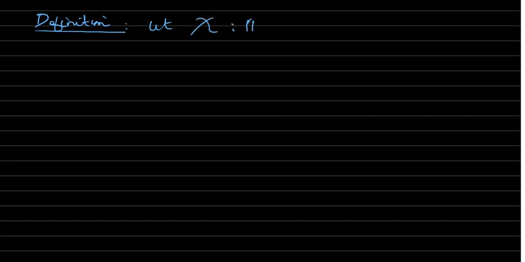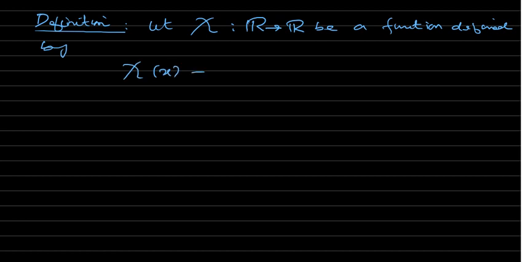It's from R to R. This is a function which is defined by chi of x is 0 if x is rational, and it's 1 if x is irrational.